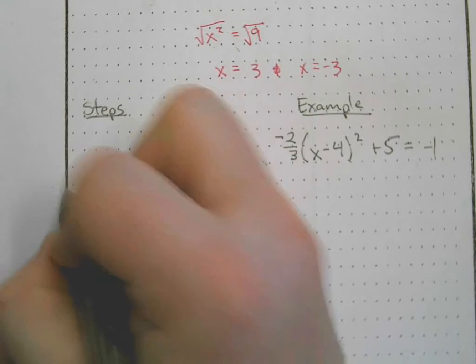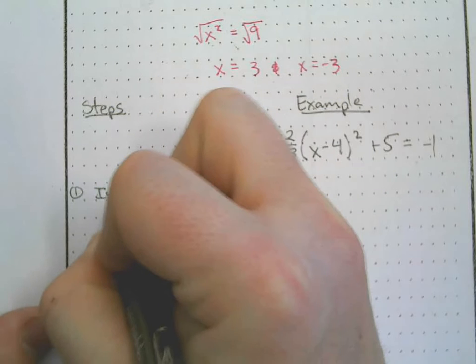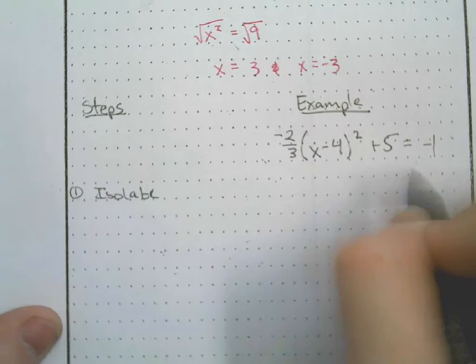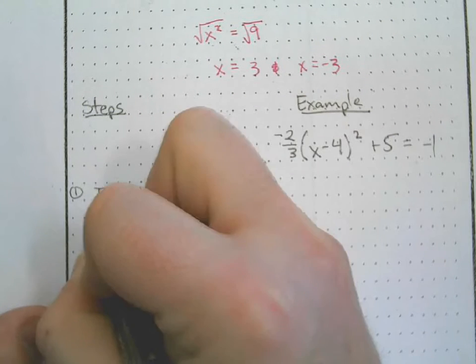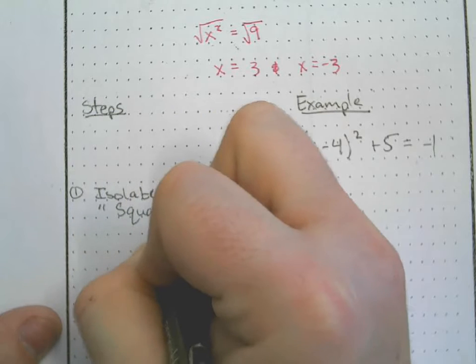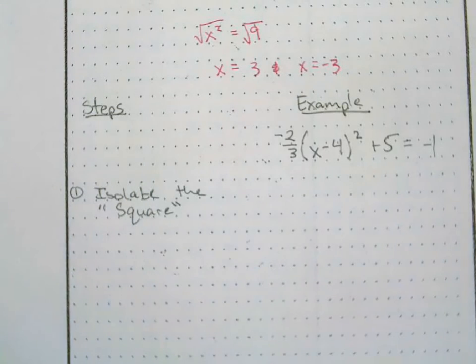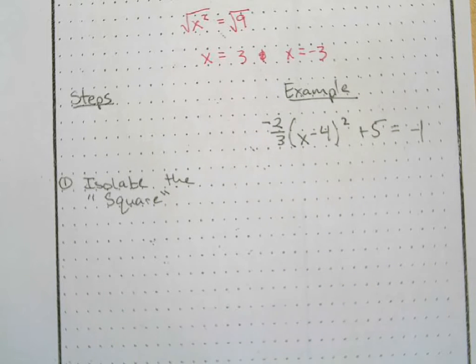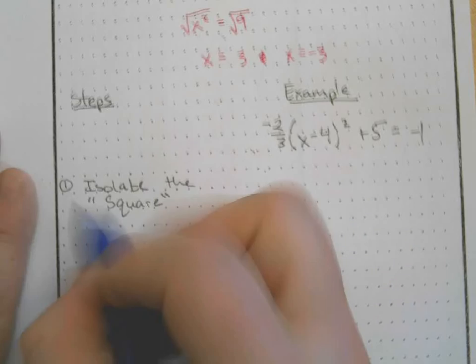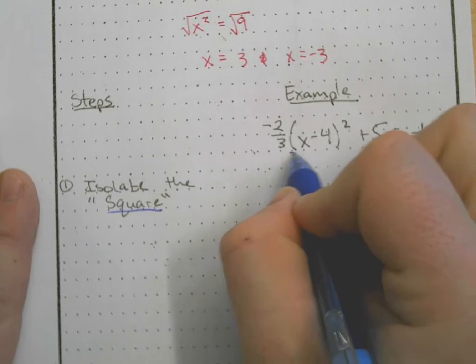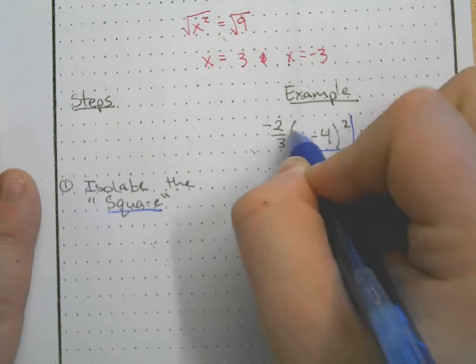So the first thing we do is isolate the square. I'm going to underline that. I'm trying to isolate this piece right here.